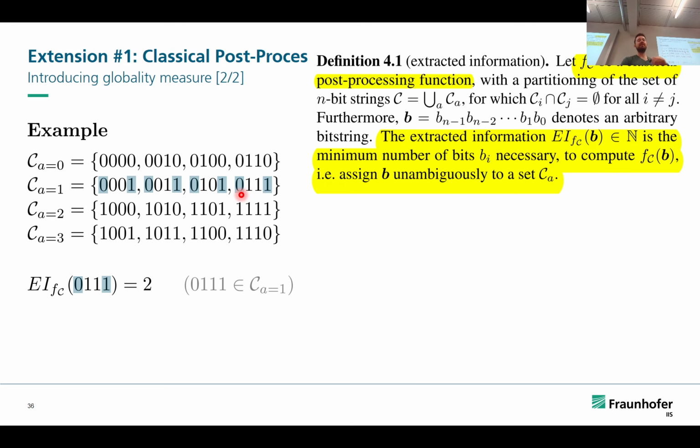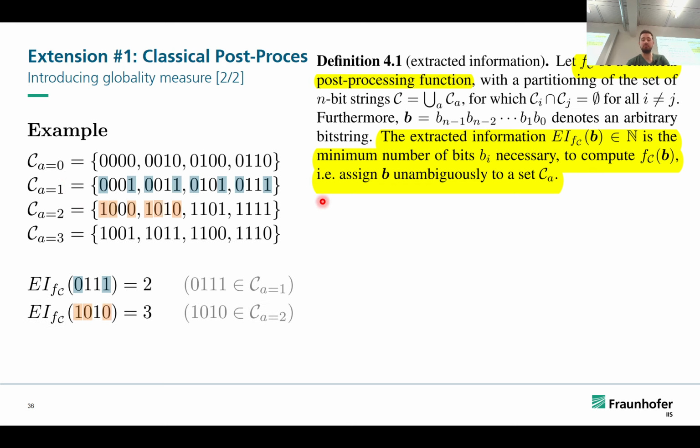With the basis state we measure in that class, we decide for that action. If we measure the bit string 0, 1, 1, 1, it's enough to consider just the first and last bit, and then we can directly tell we want to execute action 1.